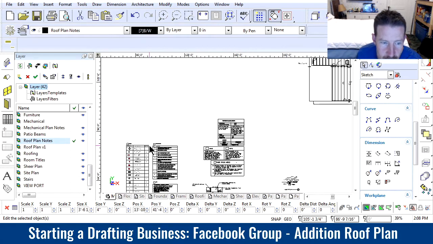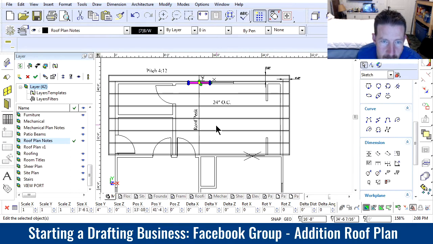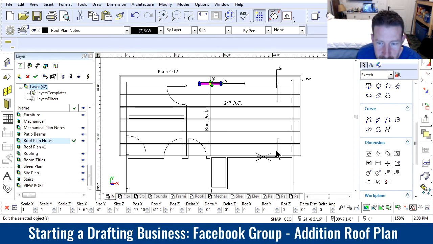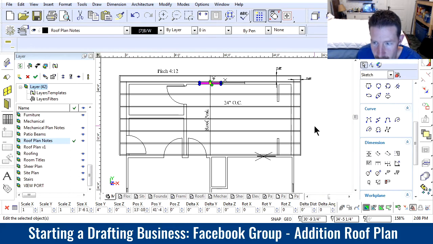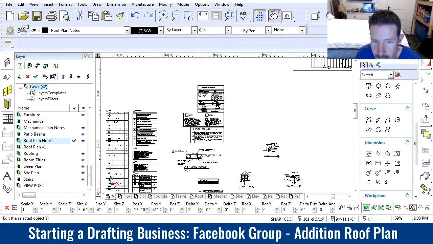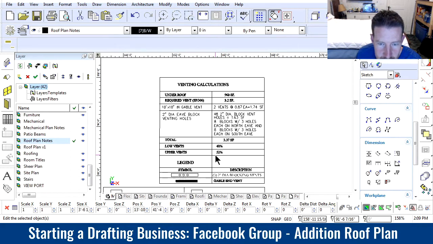Okay, so if we have a 12 by 30 addition, let's do the math. 12 times 30 is 360. 360 divided by 300 square feet is 1.2 square feet of venting total. And then that is going to be divided in half amongst the lowers and the uppers.